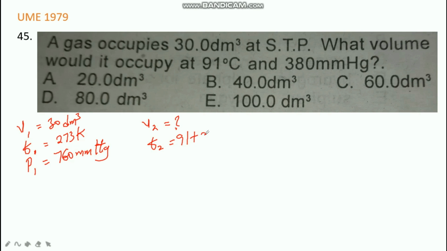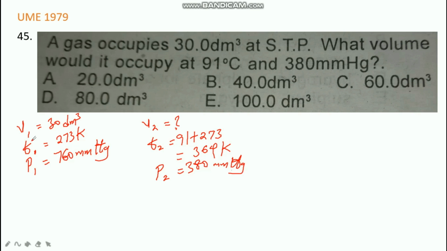So we'll add 273 to that: 273 plus 91, that is 364. So we've got 364 Kelvin, and the P sub 2 is 380 millimeter of mercury.